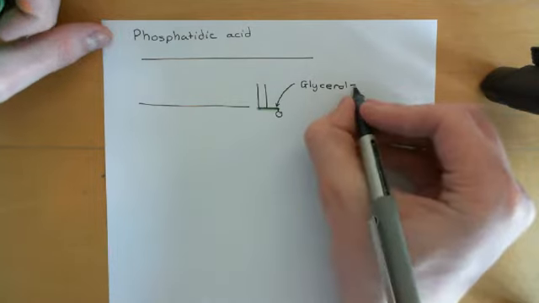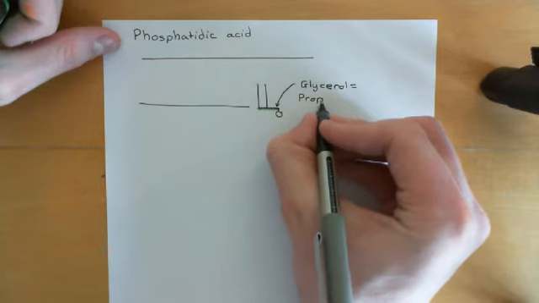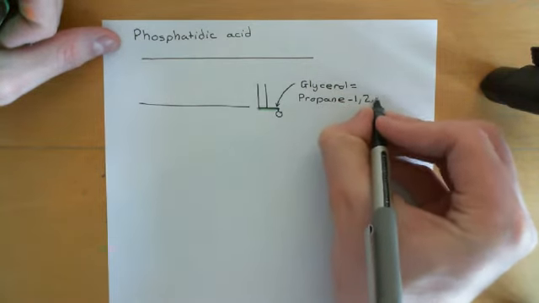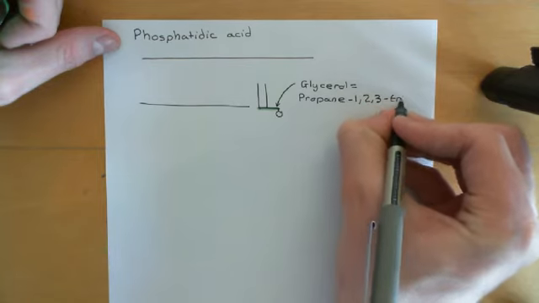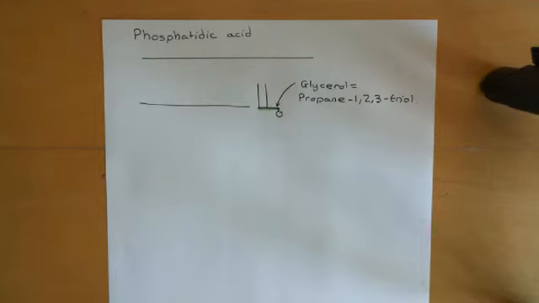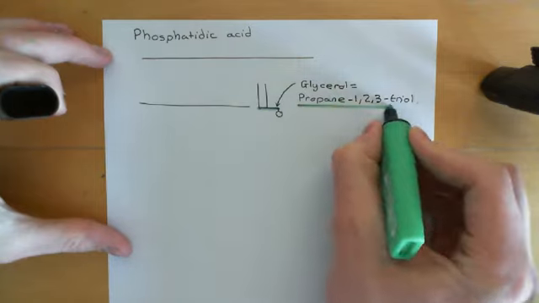of glycerol, basically. Now, in case you're not familiar with what glycerol actually is, its proper name is propane-1,2,3-triol. Although propane-1,2,3-triol is more of a mouthful than glycerol, it's a more useful name to us because it tells us exactly what we're dealing with here.